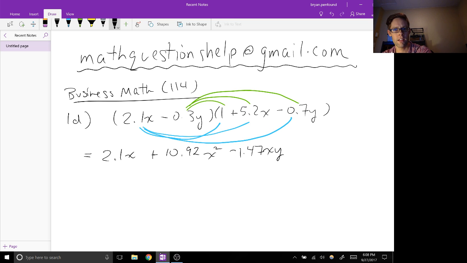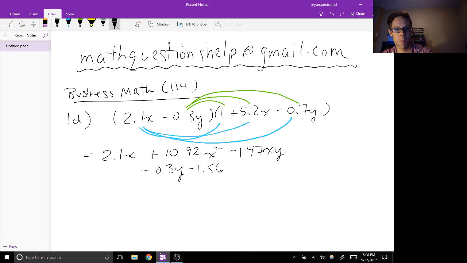Next, I want to get at the 3 portions represented by the green arcs. So 0.3y times 1. And then 0.3y times 5.2x. So 0.3 times 5.2 is going to give me a negative 1.56.